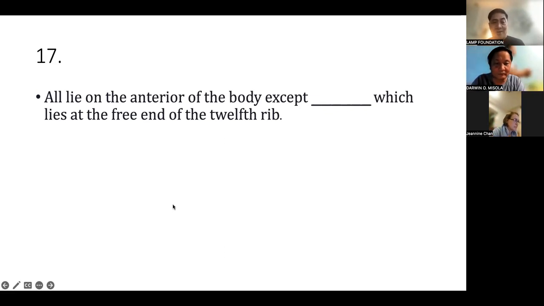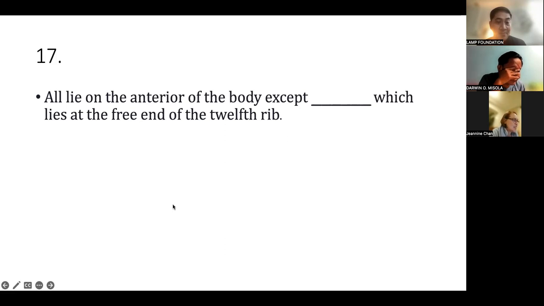Very good. You should be very sure of your answer. So, kaninong front view point si gallbladder 25? Kidney. Kaninong front view point si GB 24? Si gallbladder. Kaninong front view point si liver 13?